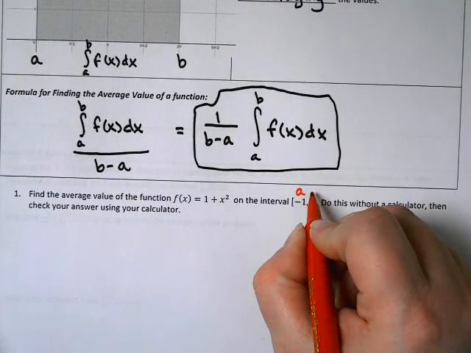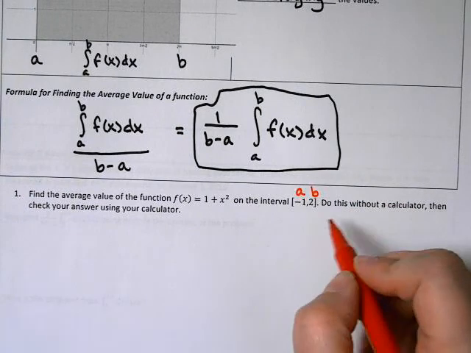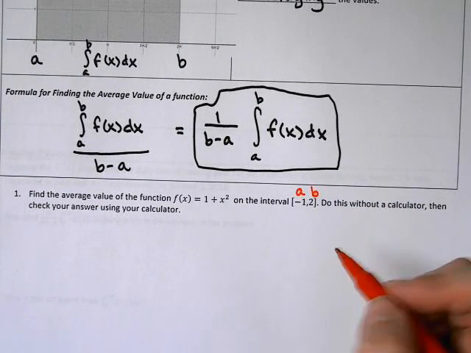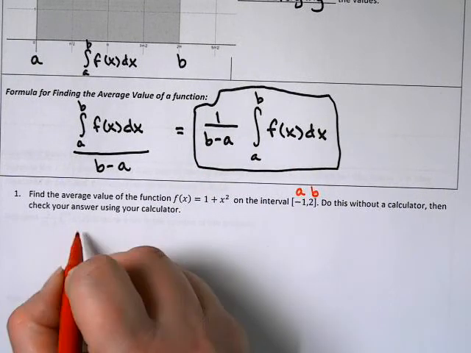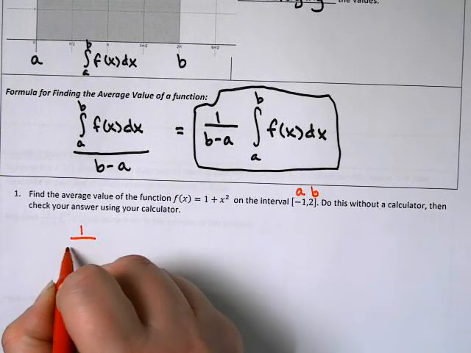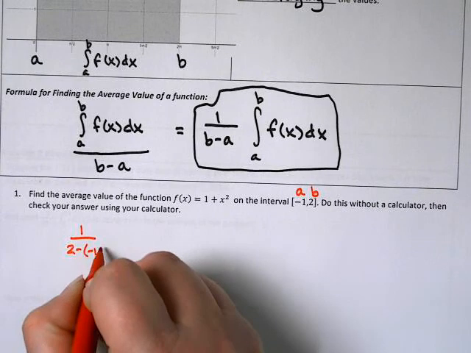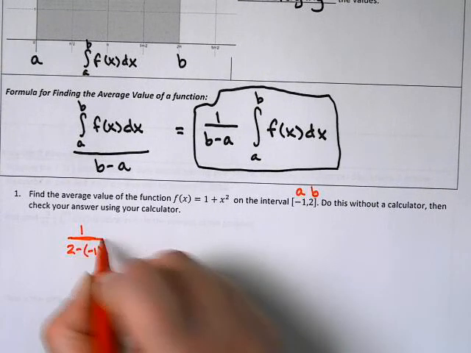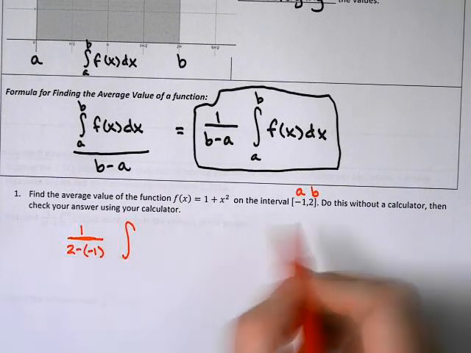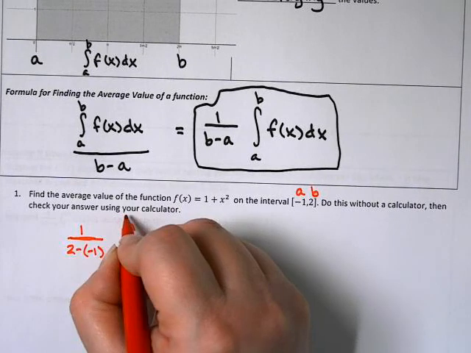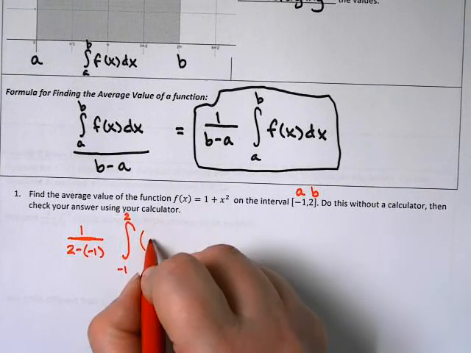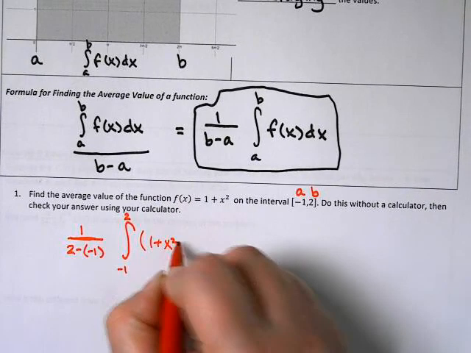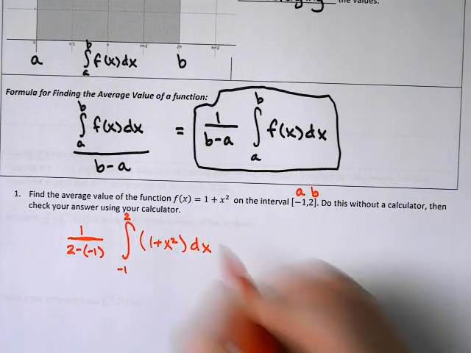So -1 is my a value, and 2 is my b value. So we know we're going to use this formula, 1 over b minus a, which means 1 over 2 minus -1. And then we're going to have the integral from a to b, so -1 to 2, of our function, which is 1 plus x squared, and then dx.